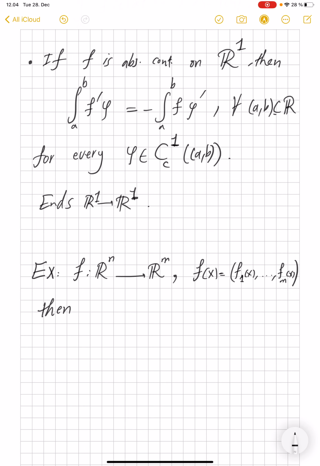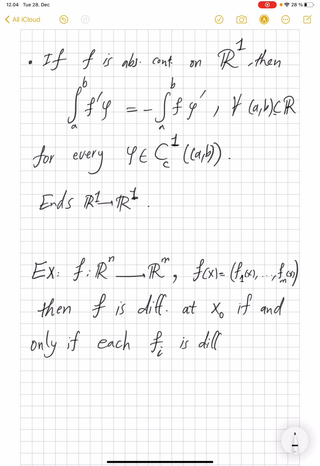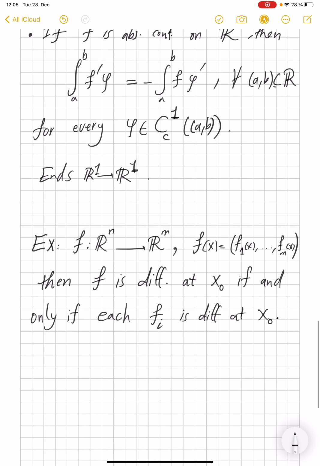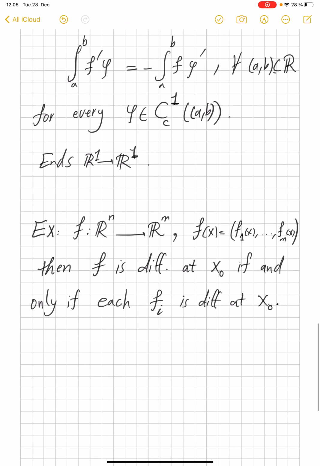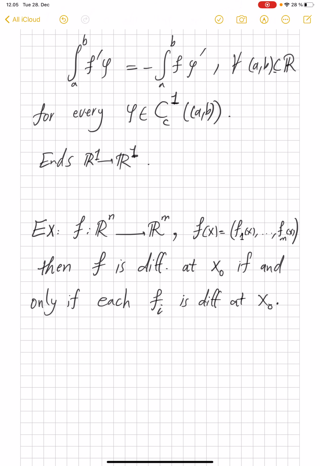Then f is differentiable at some point x0 if and only if each fi is differentiable at x0. So it looks like a simple exercise, and the solution is actually simple, but the consequence is really deep. It says that the question of differentiability of multivariable functions reduces just to the case of multivariable functions into R1.